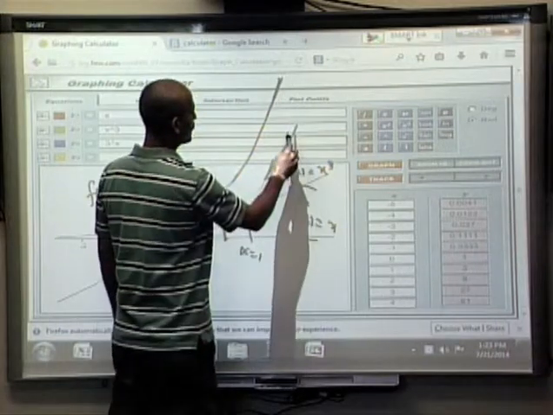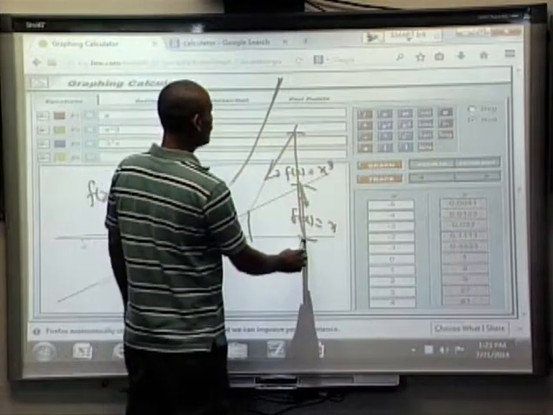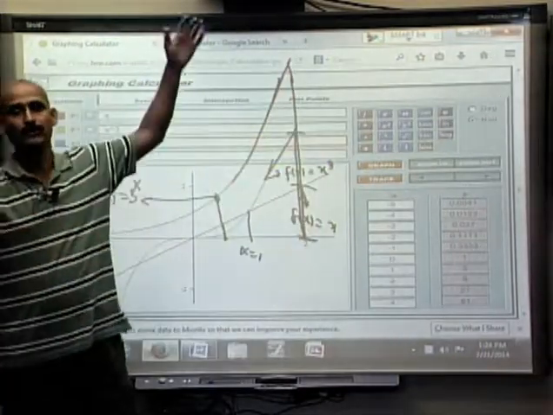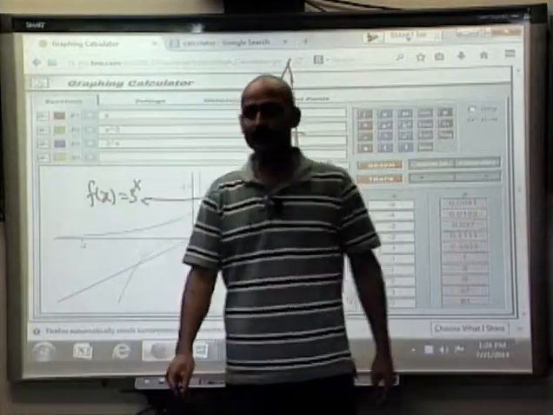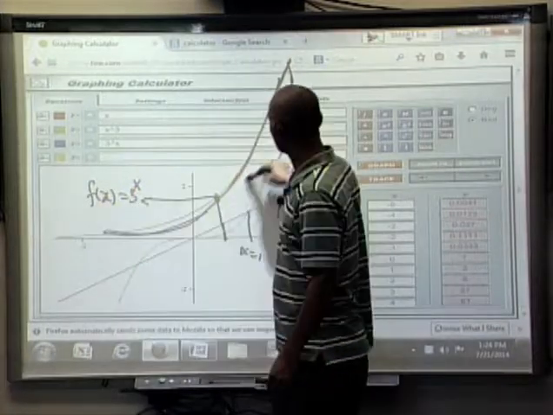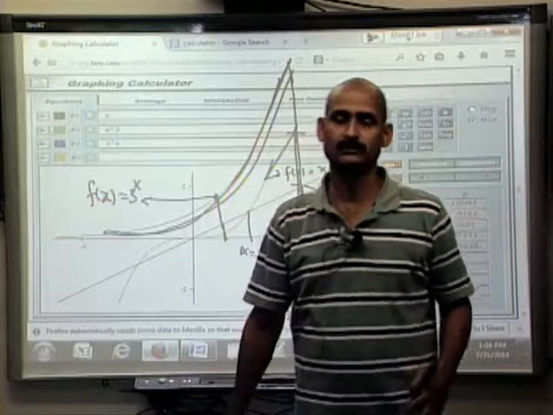The cubic function is a little bigger than the linear function. However, the exponential function, the third function, grows so big. So this is the graph of one exponential function, and it shows how fast the function grows.